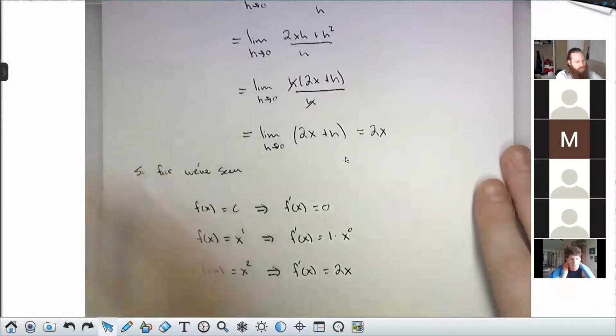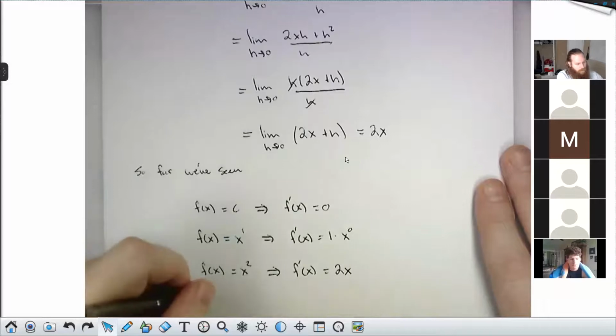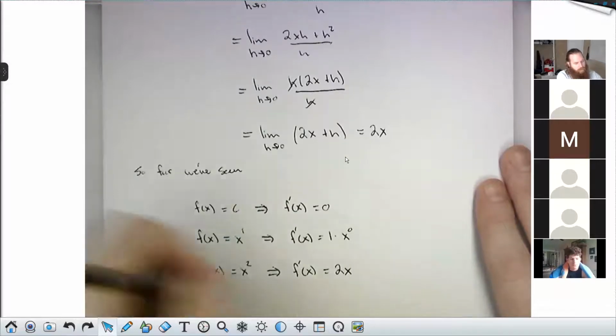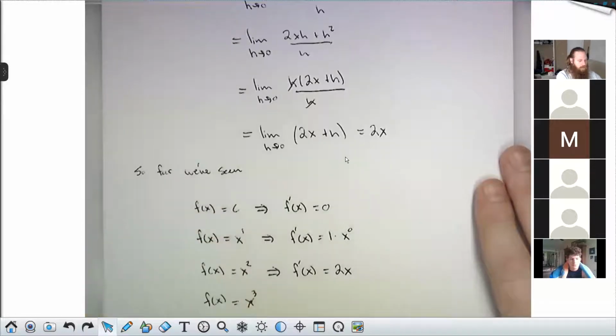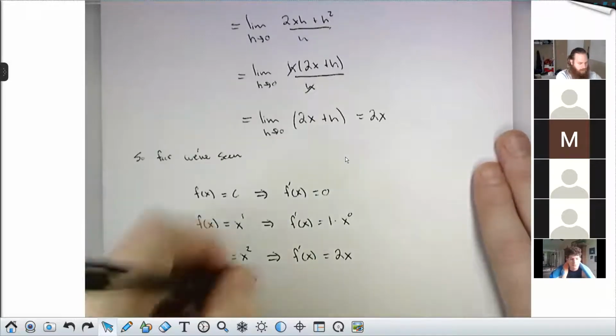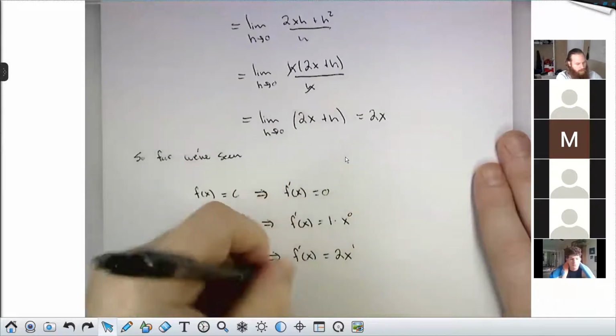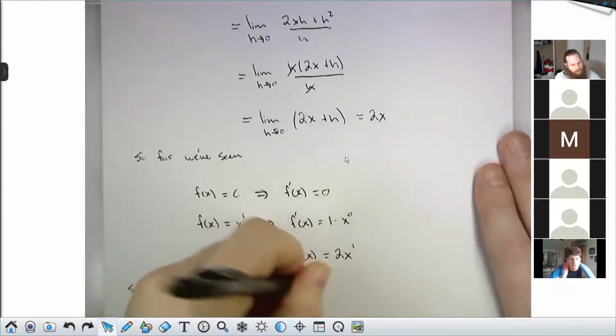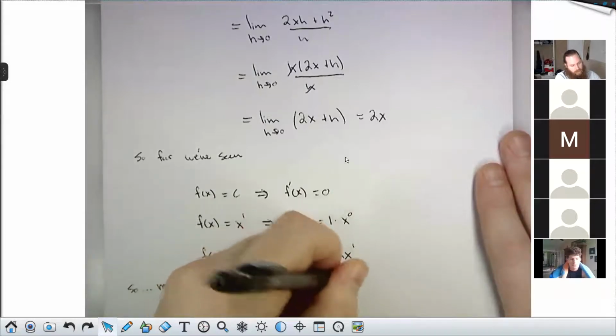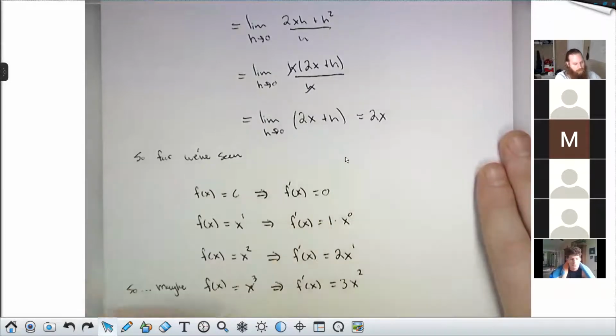If f of x is equal to x cubed, maybe the pattern would continue and we would get f prime of x as 3 times x to the 2.